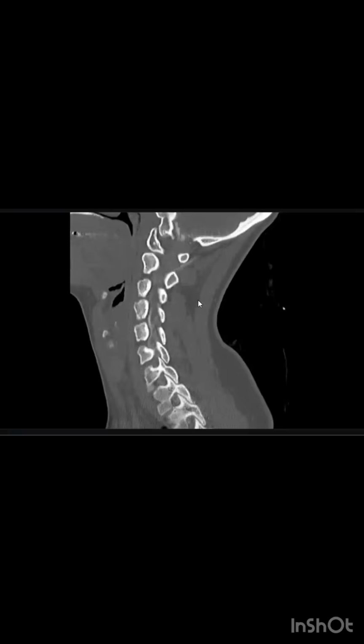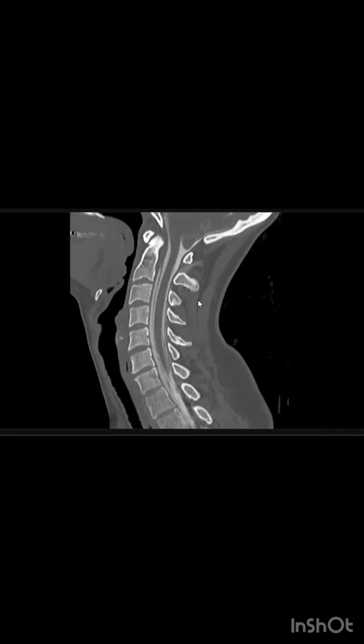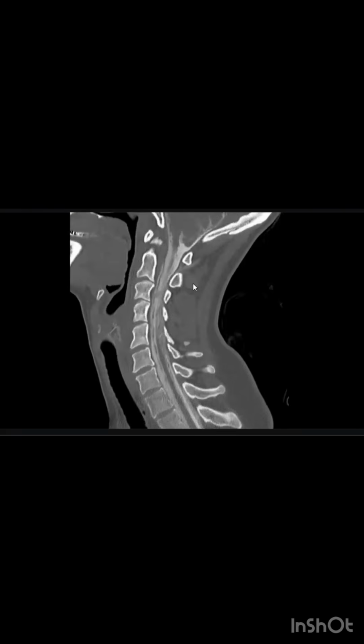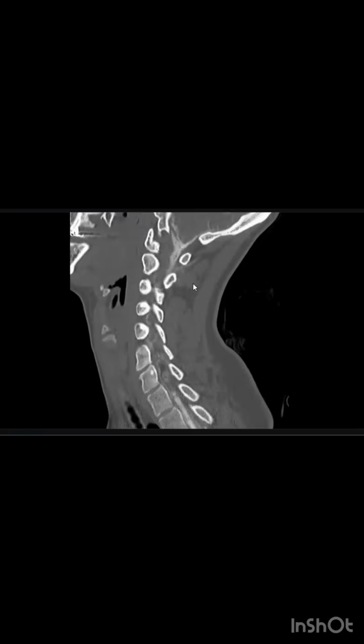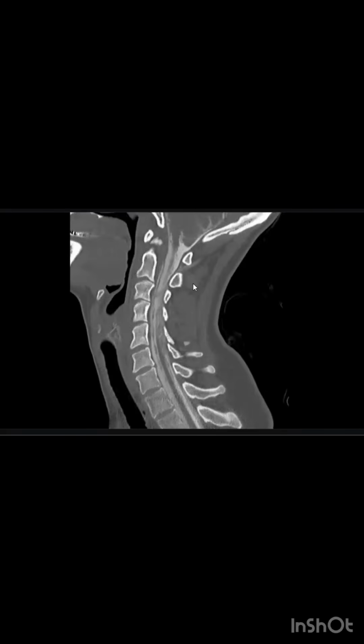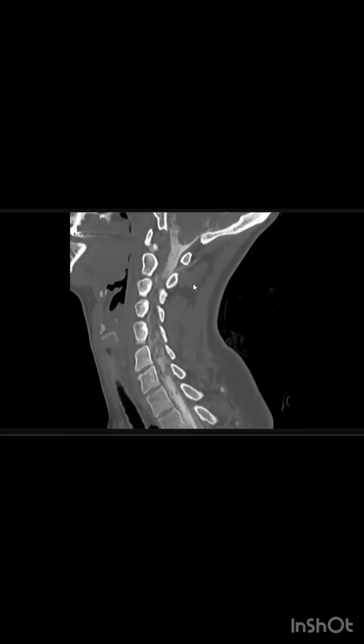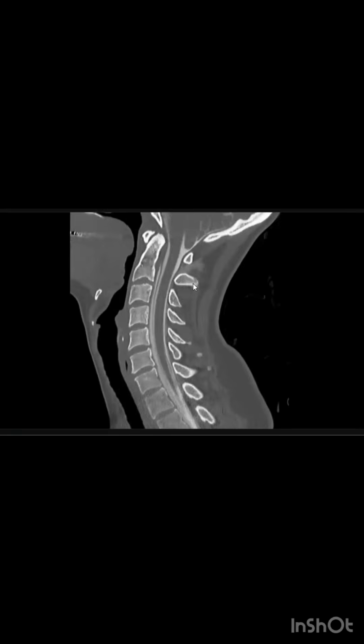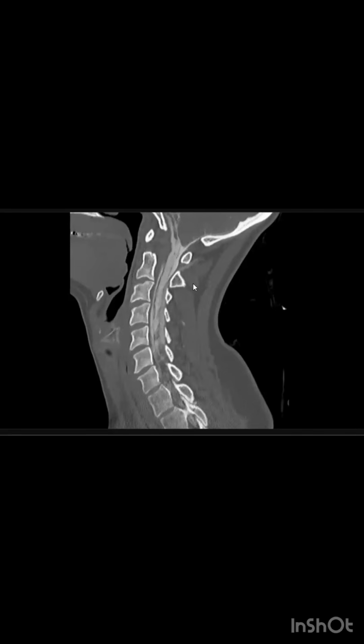So, what's your final diagnosis? There is a spontaneous CSF leakage in the cervical spine. This could be the reason for the hypotension. It should be correlated with clinical history. I don't see any fracture. What is the meaning of spontaneous?